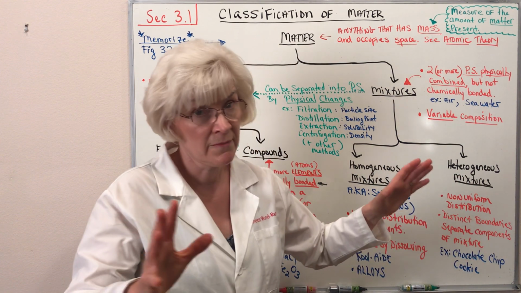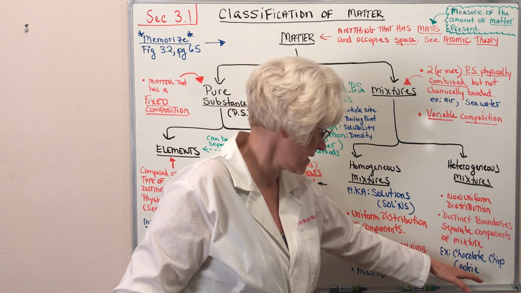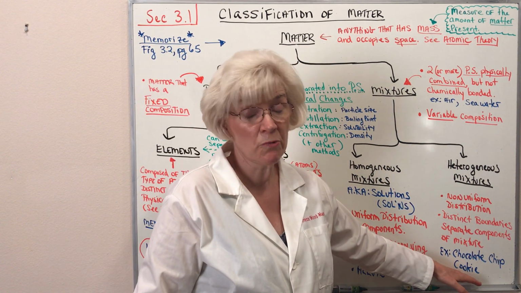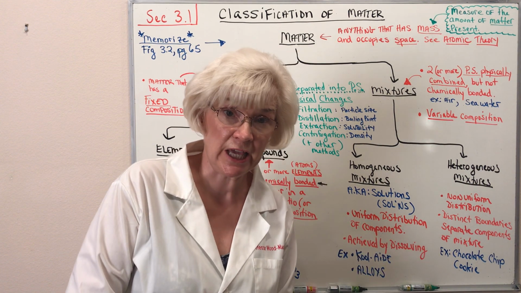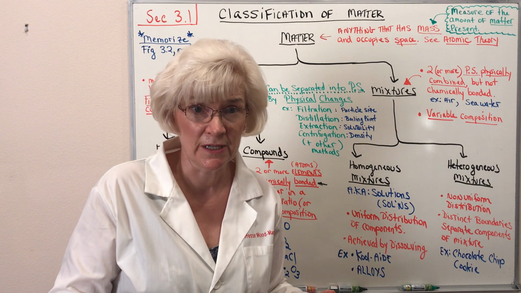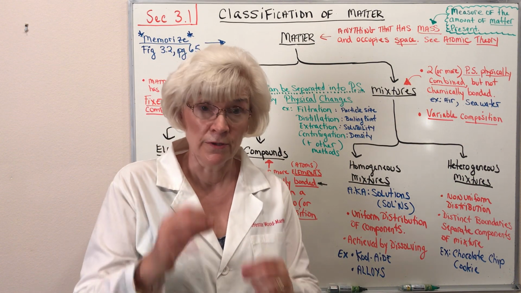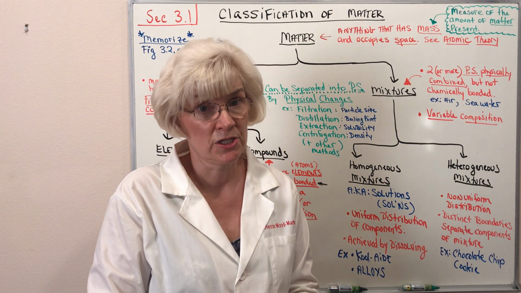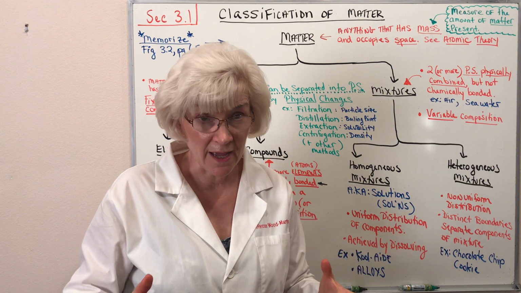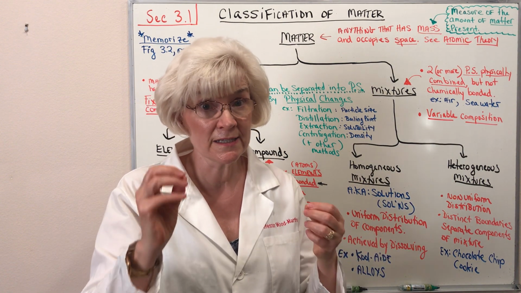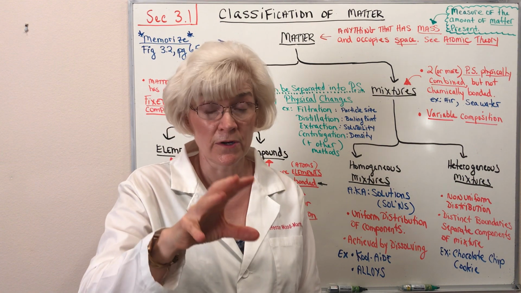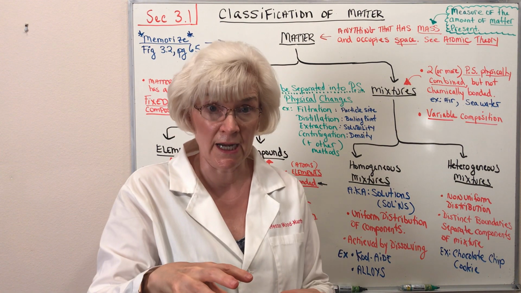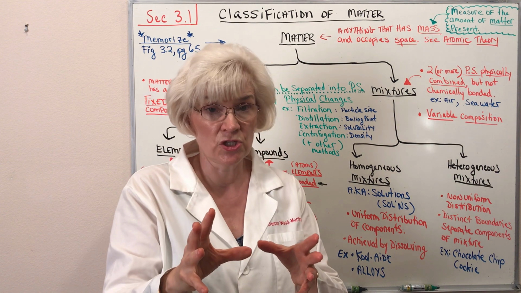And there are many, many examples of heterogeneous mixtures, but I've chosen one of my personal favorites, and that's a chocolate chip cookie. I love chocolate chip cookies. And if I get to choose a chocolate chip cookie from a batch, of course my eye is looking for the chocolate chip cookie that has the greatest number of chocolate chips embedded in it. And I can see those chocolate chips.